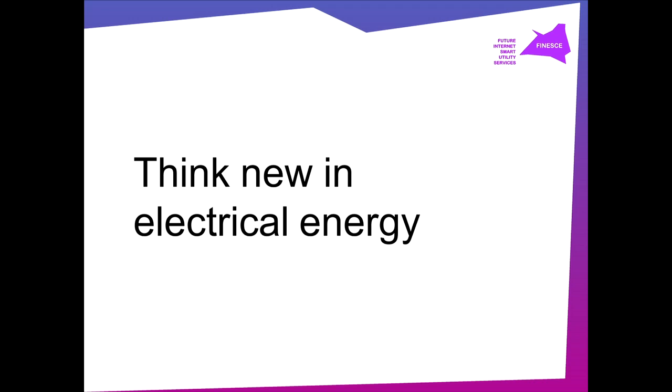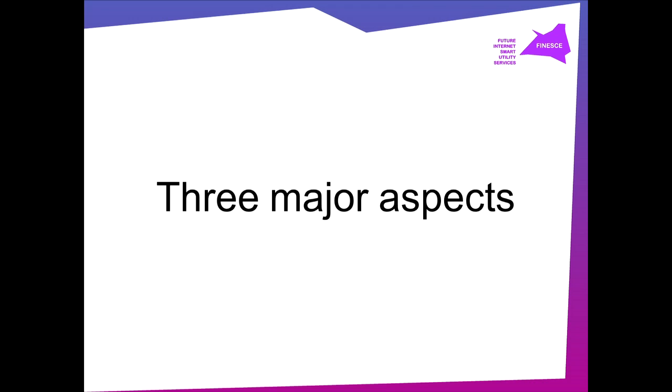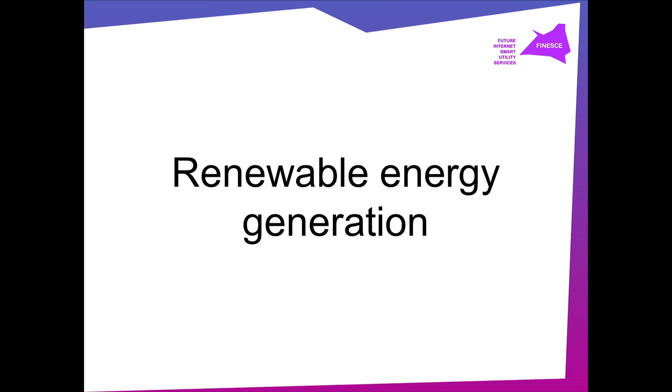So for us, renewable energy has three major aspects that are of real interest if you're thinking about which type of technology will help to change things. One is renewable energy generation. There is a lot of distributed volatile renewable energy in Germany.